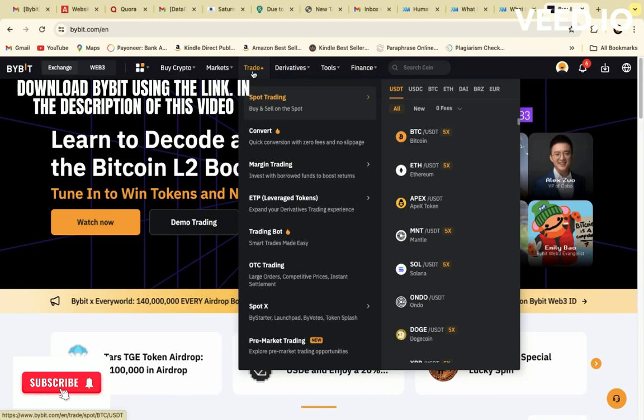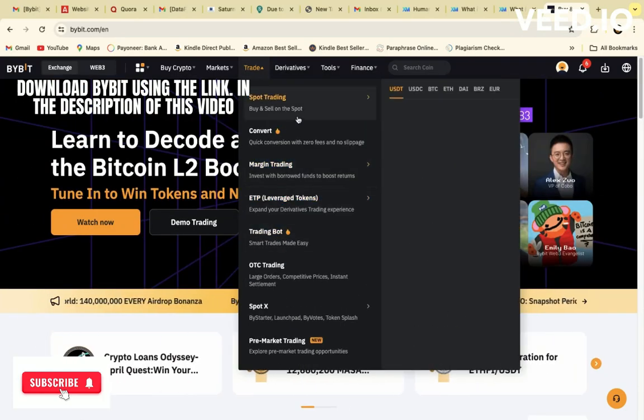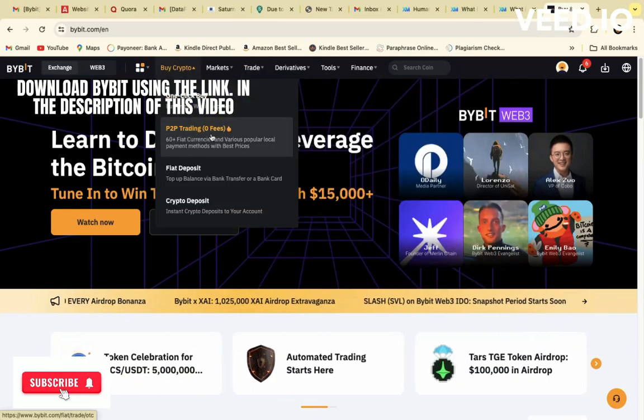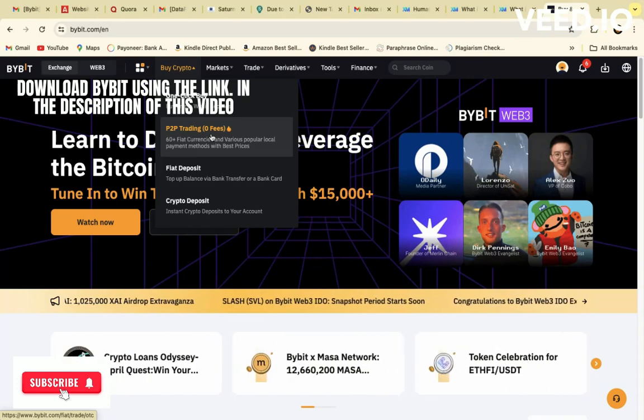They don't charge you anything for your deposits. It's very, very interesting. So we're just going to dive straight into P2P and see how we can deposit.